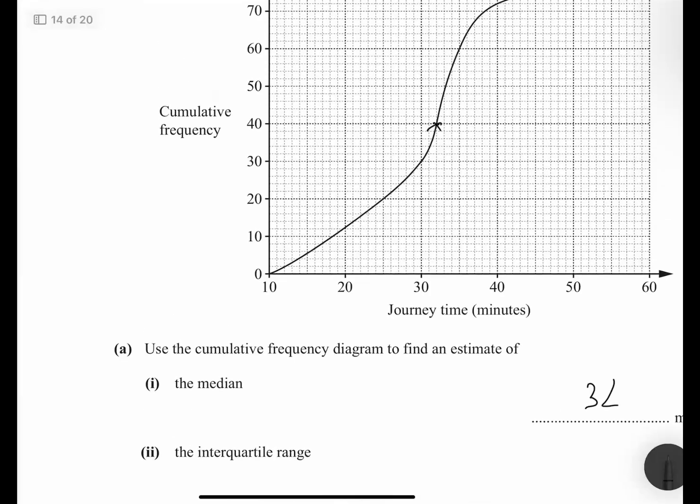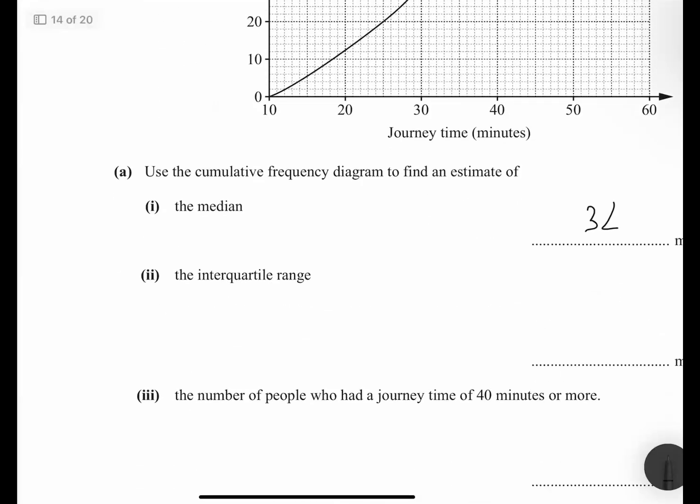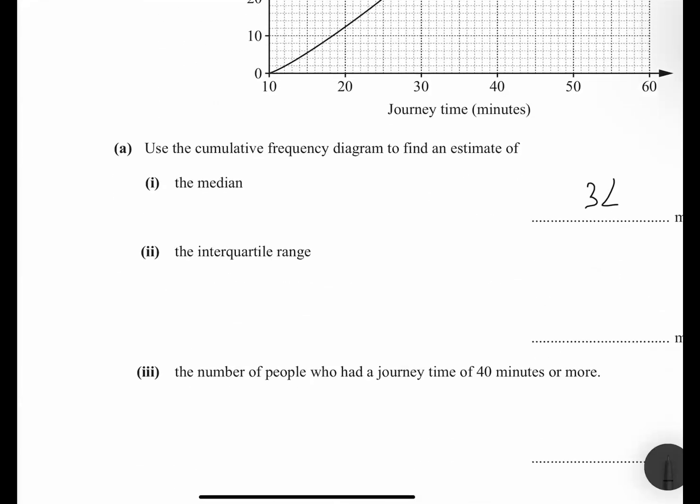The interquartile range is the upper quartile minus the lower quartile. So 3 by 4 of 80 is the upper quartile minus the lower quartile, which is 1 by 4 of 80. 1 by 4 of 80 is 20. So the 20th term, and 3 by 4 into 80 is going to be 60.